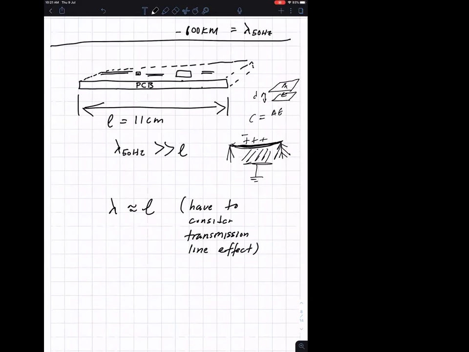Maybe I'll just draw this, for a little more clarity. It's a parallel plate capacitor. Although this is more related to power, I still want to point it out: distance and area, and in between, let's say, a dielectric.